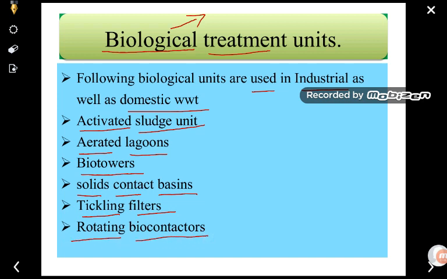These are the different biological treatment units, utilized both in industrial as well as domestic wastewater treatment.